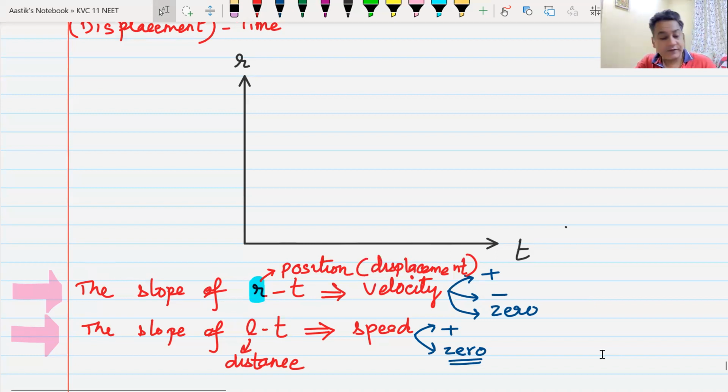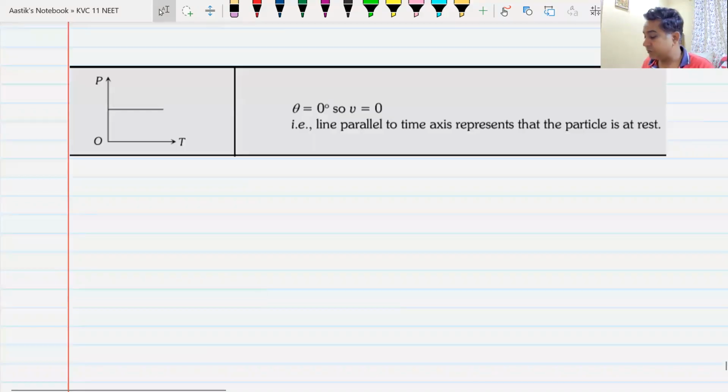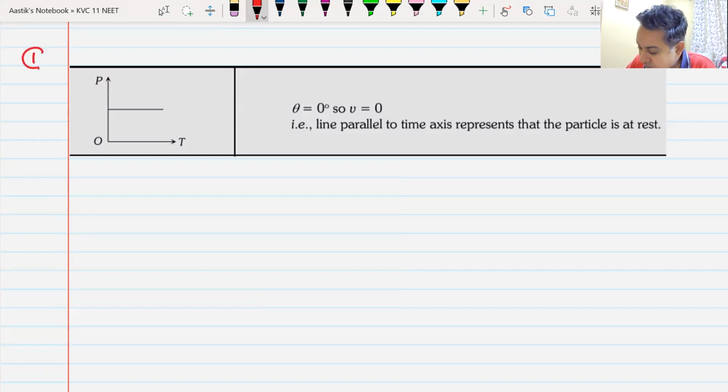What is the first type of graph? The first type of graph is like this. Position is plotted on the y-axis. Time is plotted on the x-axis, and you can see this is a line which is parallel to x-axis.